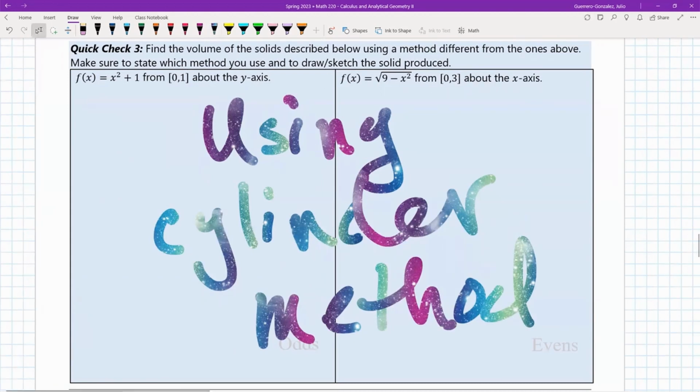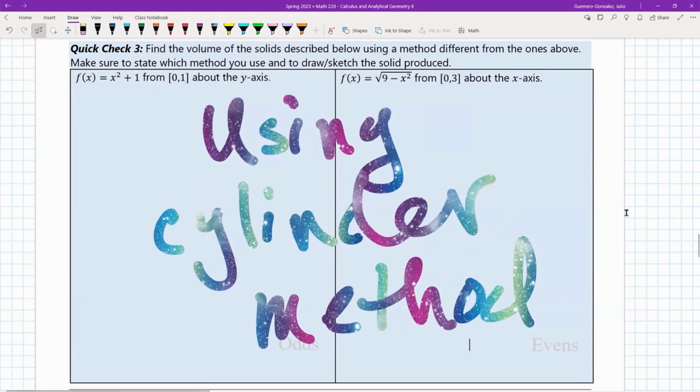Okay, one you'll see is much more difficult than the other. And they're not always matching in terms of difficulty. So in one of these, cylinder method is much simpler, and in one of these, the disk method is much simpler. So keep that in mind. Okay, but I want you to try out both methods.